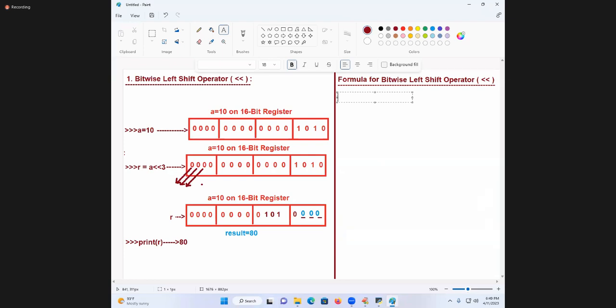Result is equal to given number into number of bits. This is called a formula, like a syntax. Even I can write it under syntax. What is the syntax here?